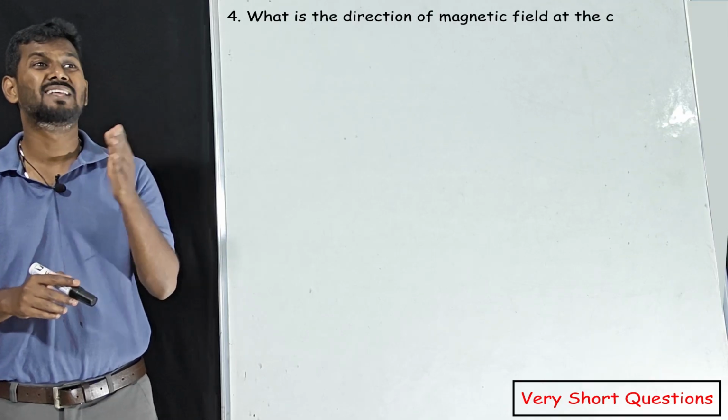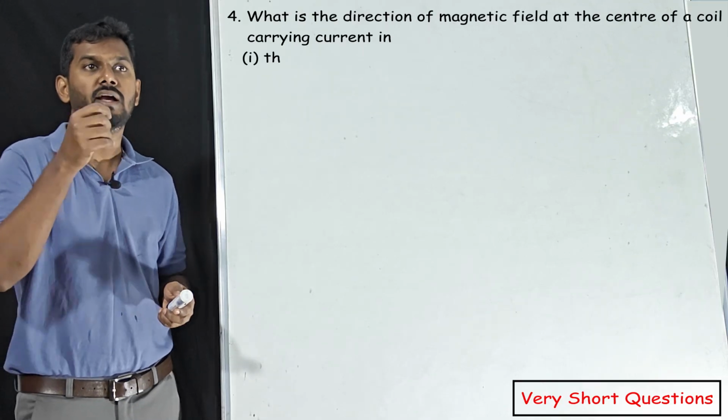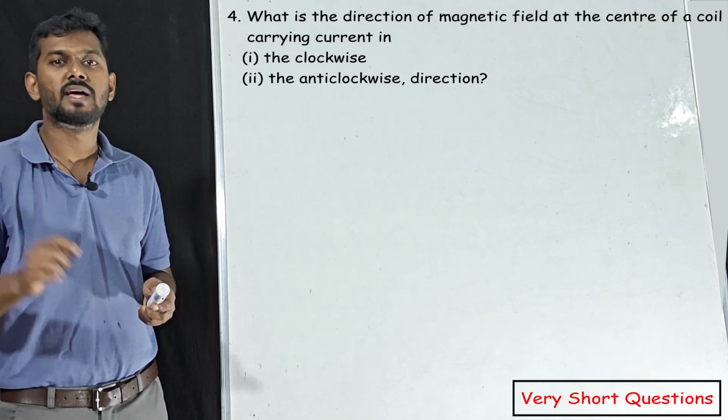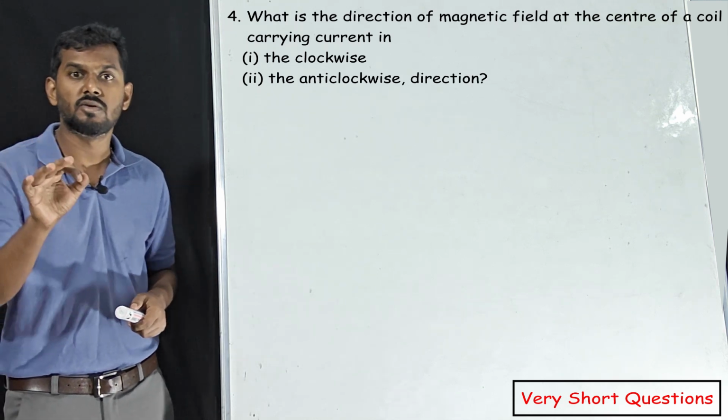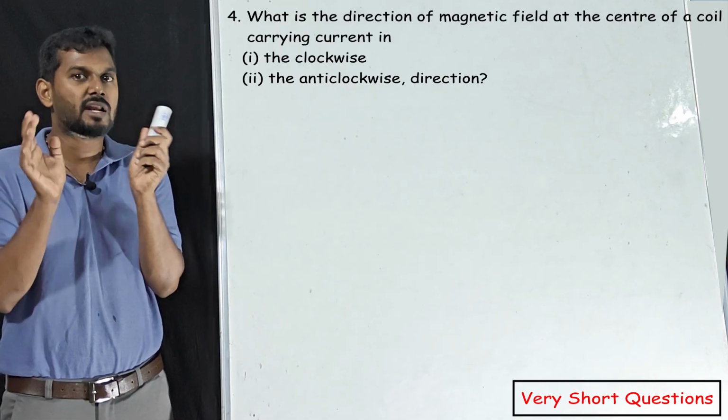Our next question: what is the direction of magnetic field at the center of the coil carrying current in clockwise direction and anti-clockwise direction? There are two sub questions. Listen, this is a very tricky question, not a direct question.